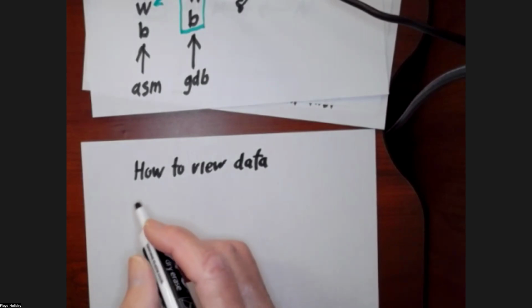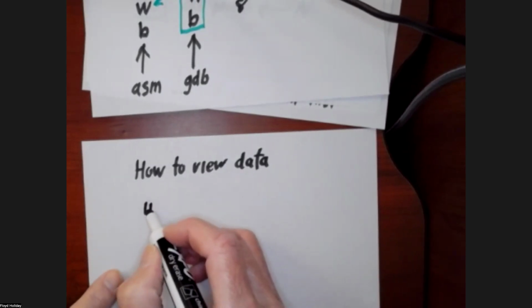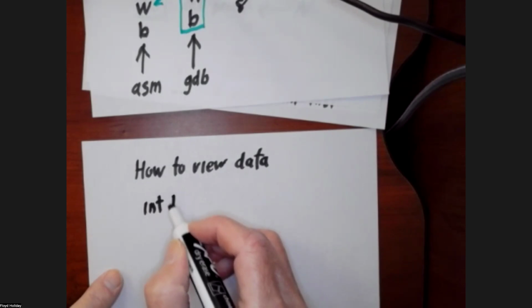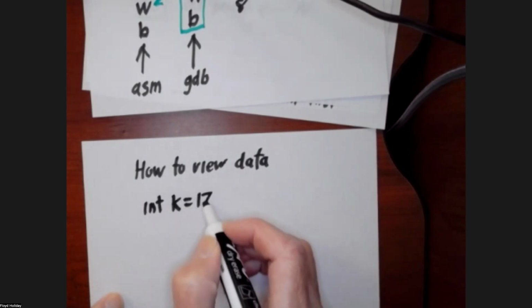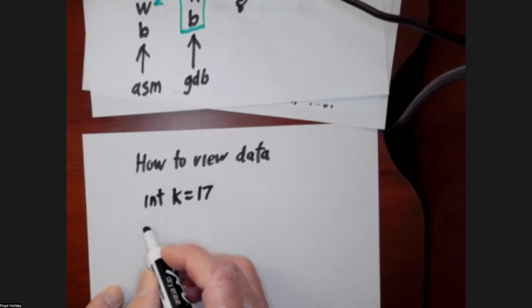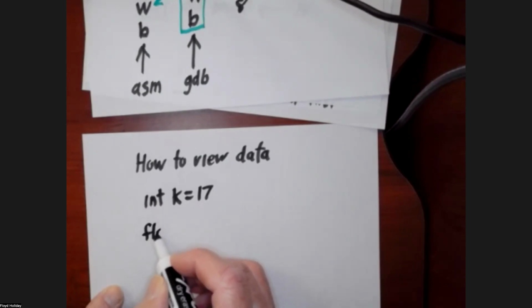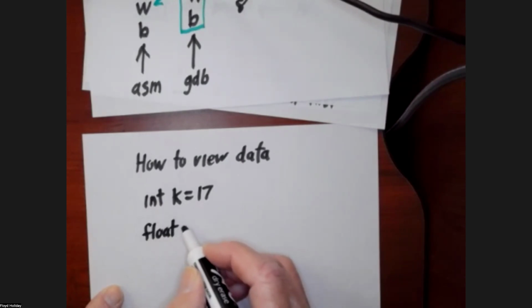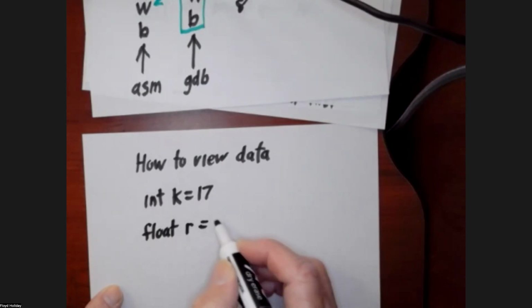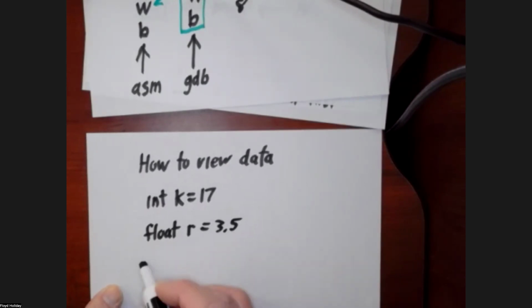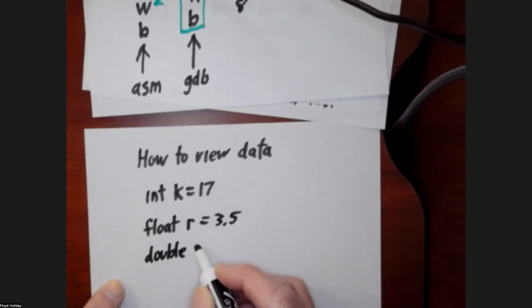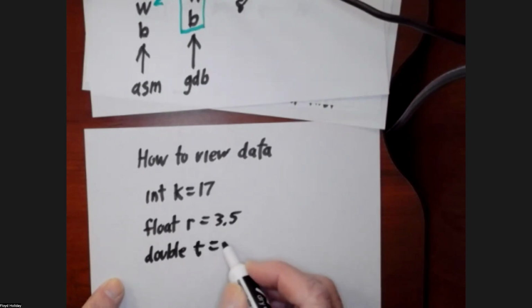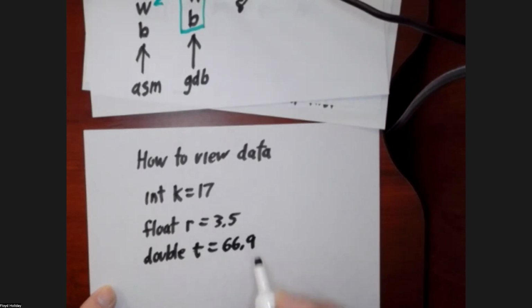We'll start with C++. Suppose you have integer k equals 17, and we had float r equals 3.5 and double t equals 66.9.